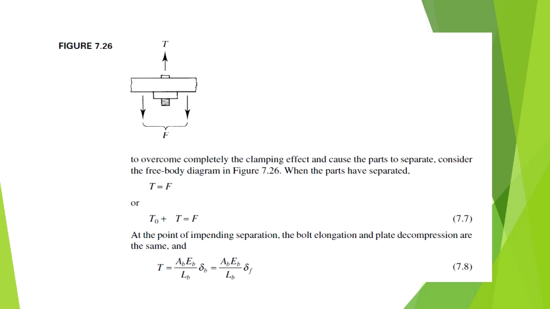When the parts have separated, T is equal to F, or T_O plus T is equal to F. At the point of impending separation, the bolt elongation and plate decompression are the same, and T is equal to A_B times E times the bolt deformation over the length, equal to A_B times E times the deformation of the flange over the length of the bolt.